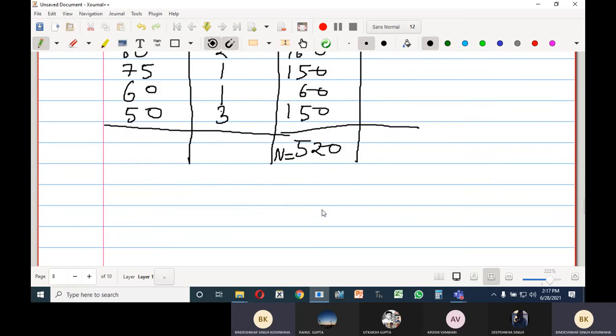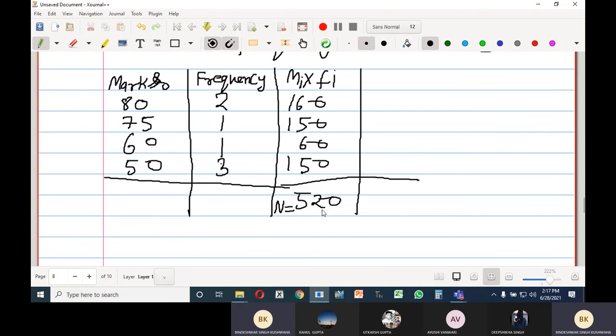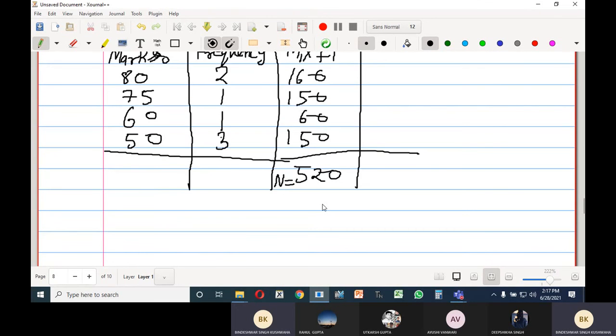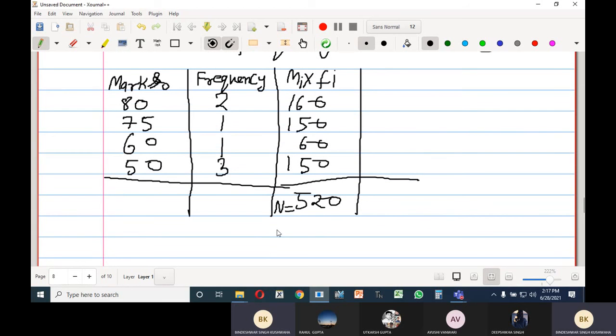And thereafter, if you want to calculate the average, okay, so you will calculate the average, 520 upon 4. Okay, so this is the mean, and thereafter calculate it. Who will tell me what would be the average? Can anybody help me? Or should I take the help of a calculator?